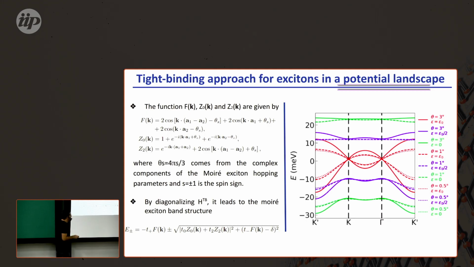So in summary, we can tune the excitonic band structure, close the gap, and get some linear dispersion around the gamma point. And in energy, it's just a little shifted, okay?